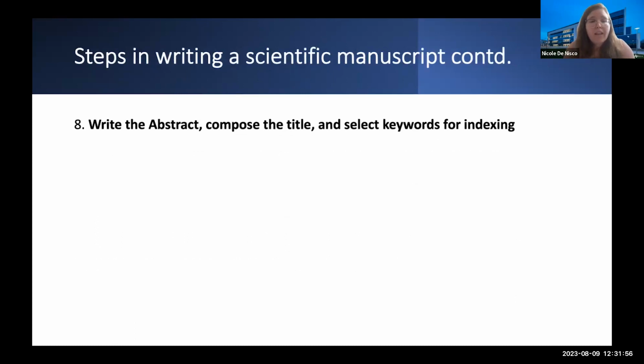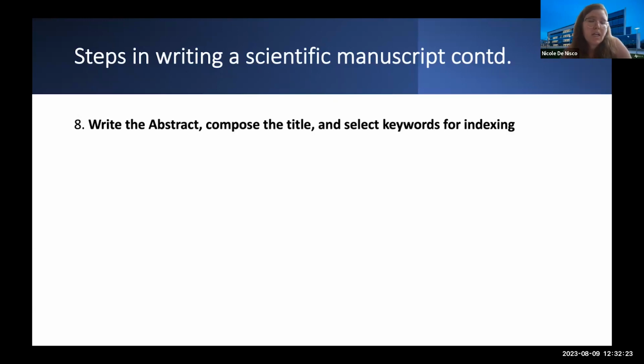Okay, and so then at the very end is where we get to writing the abstract. So after you've done the intro and then the discussion, then I suggest going back and writing the abstract. And so the abstract is going to contain elements of your intro and your results. So it's really important for you to do that after you've written those sections.